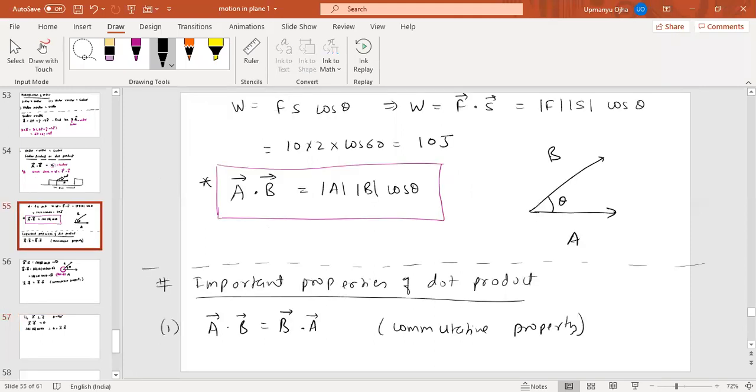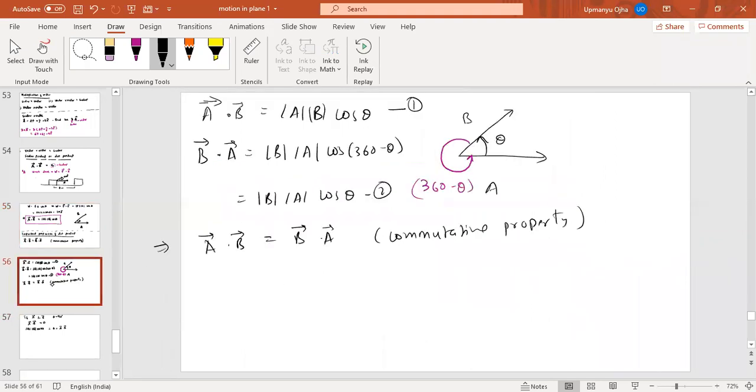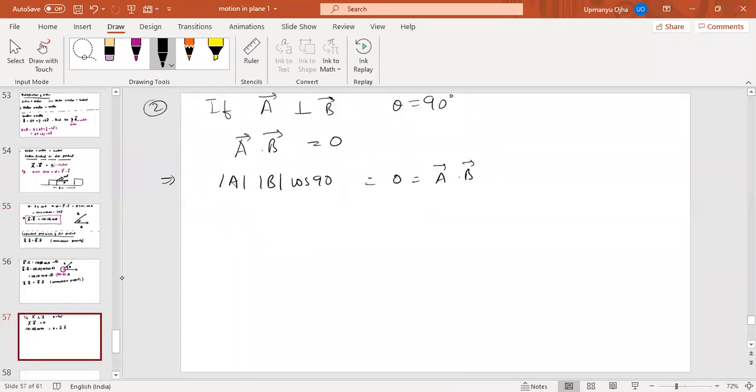Okay, so here we have two properties. One property is A dot B equal to B dot A. The second property is that if A and B are perpendicular, then the dot product A dot B is equal to 0.